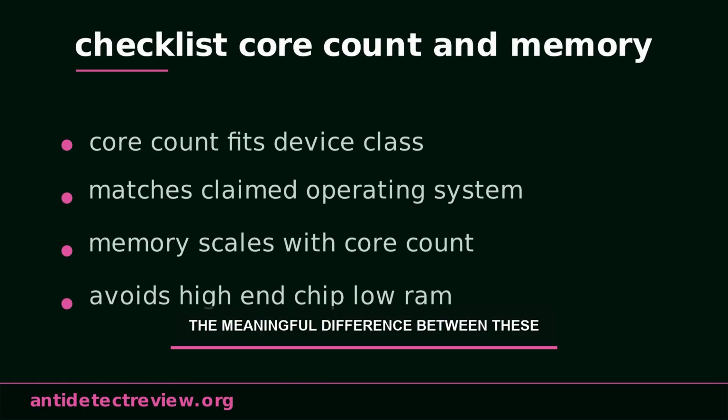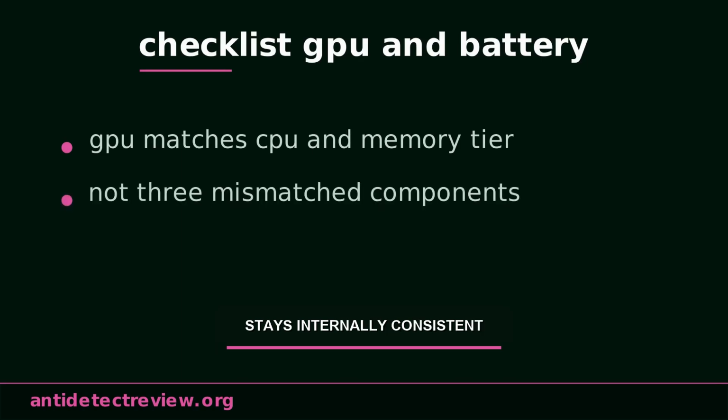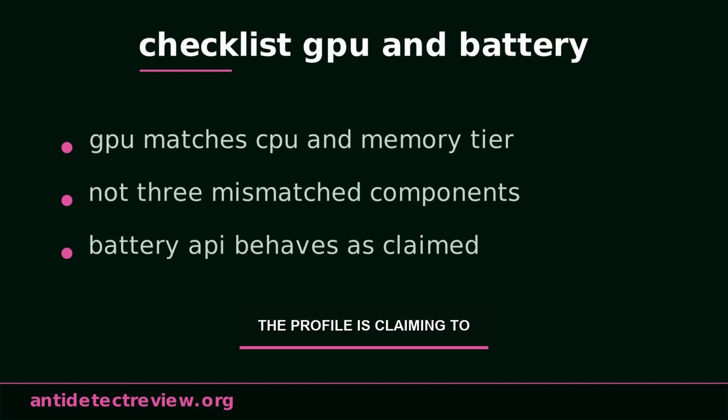The meaningful difference between these products is almost never whether that field exists. It is whether the rest of the fingerprint around it, GPU string, fonts, audio context, timing behavior, stays internally consistent with whatever operating system and browser version the profile is claiming to be.